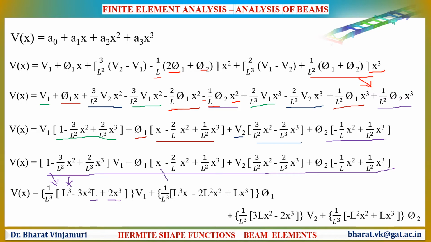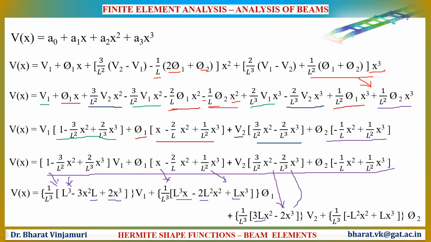Similarly, in the other case 1 by L cube has been taken from this term, so L cube will be multiplied with x. Instead of 2 by L we will be having 2 by L square term, because 1 by L cube has been taken common. Similarly here, instead of 1 by L square, L will be left over. In the other equation, instead of 3 by L square we will be left with 3L.